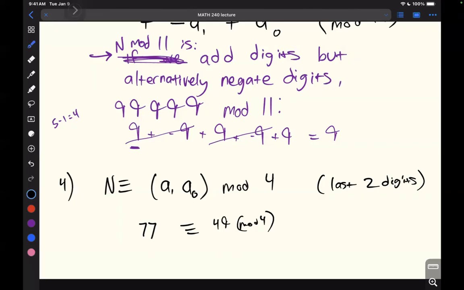Wait, hold on. Maybe I'm getting this wrong. No, I am getting this wrong. Okay, I am wrong.